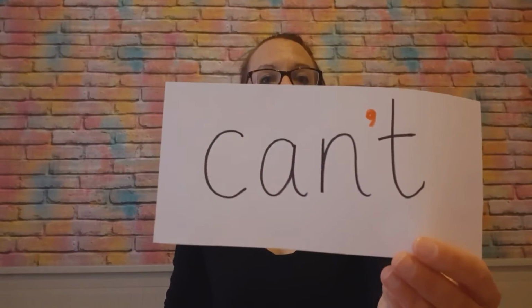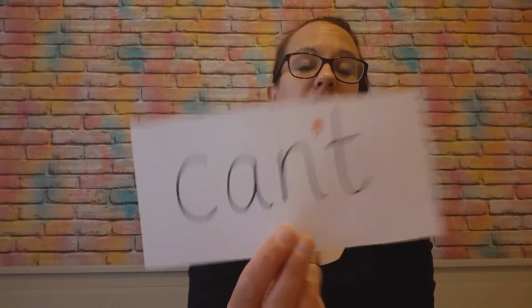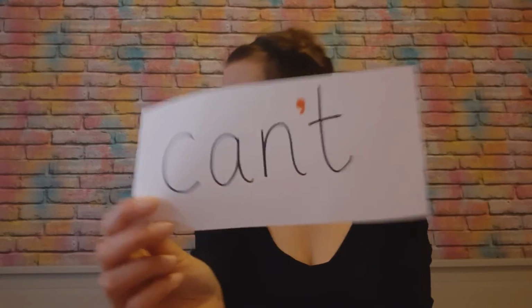And instead of that not, we lose that and we end up with can't. Now you'll notice that there's only one N here, even though in cannot we have two, and that's because we don't need the double N. But the cannot becomes can't. You say, I can't do it. What you're actually saying is I cannot do it. Okay, so that one is can't. Make sure you get that one in your head.